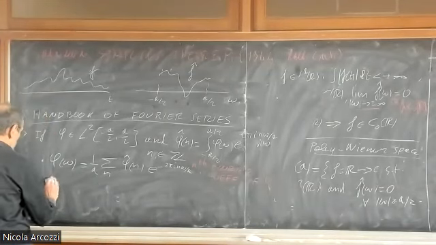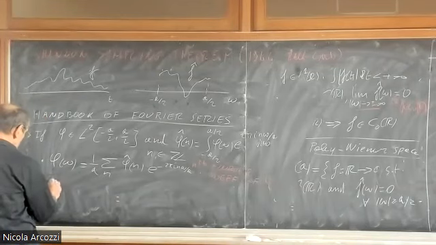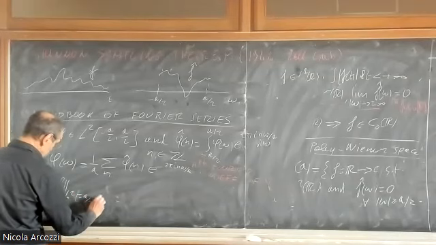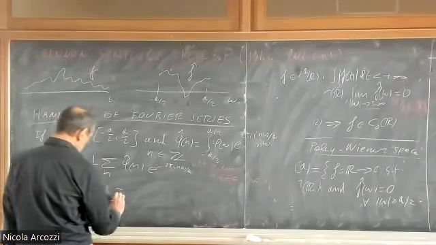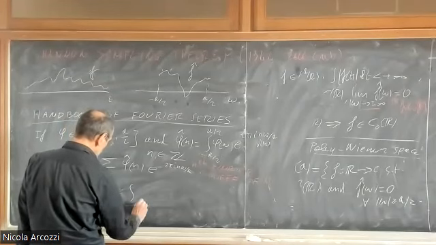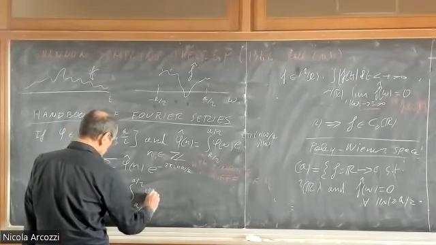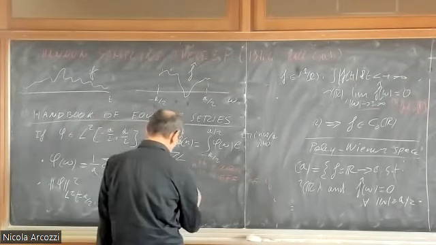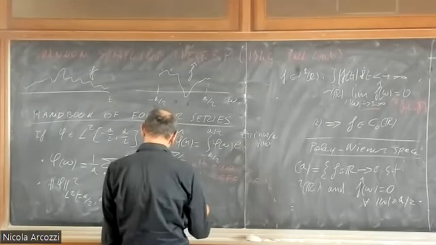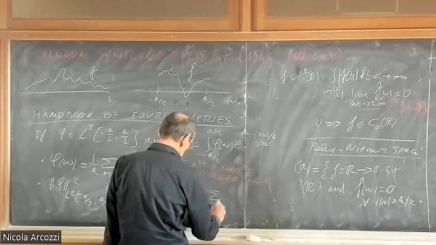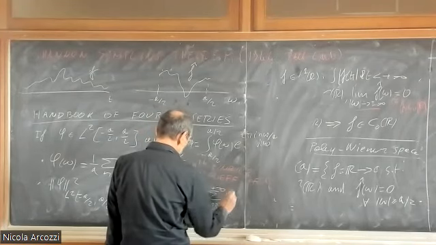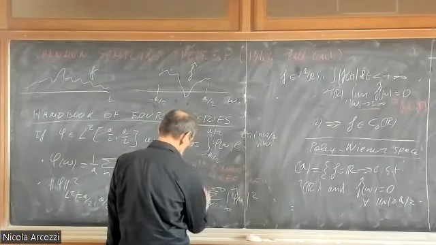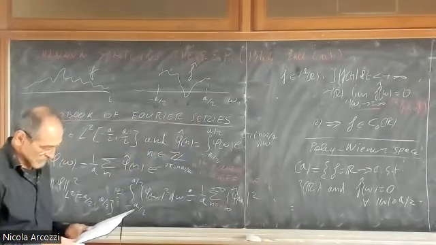And also I have that the L2 norm of phi, which is the integral of phi hat omega squared, is the same as the sum over n of phi hat n squared, and here probably there is 1 over a.